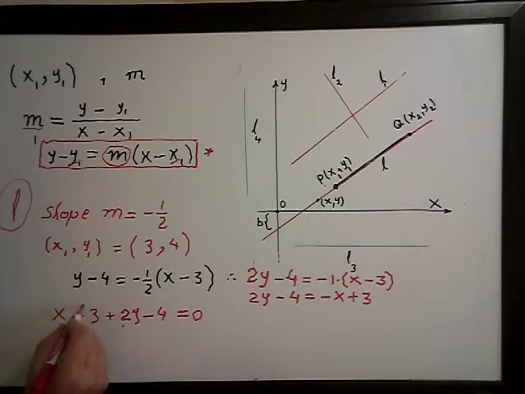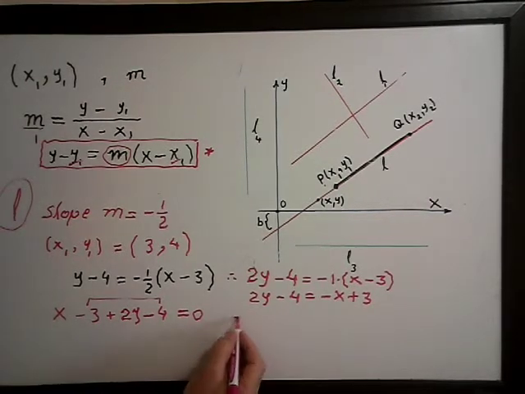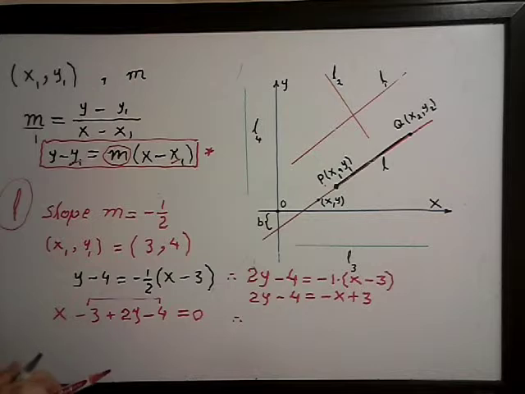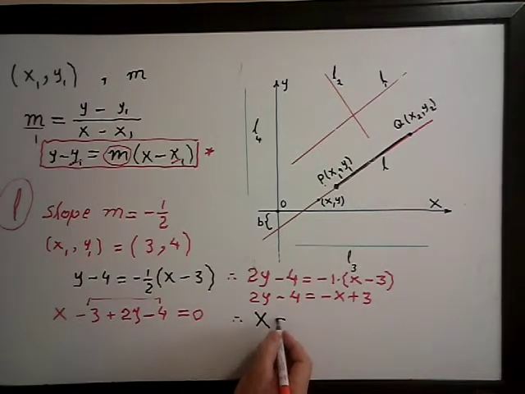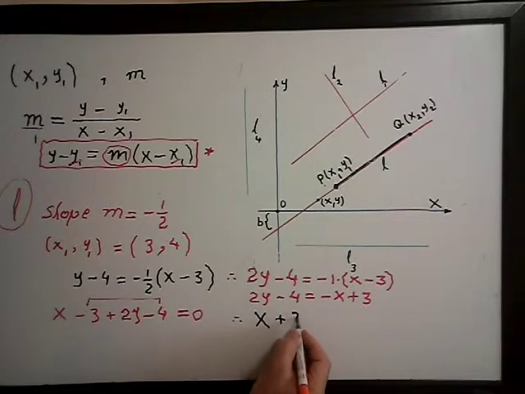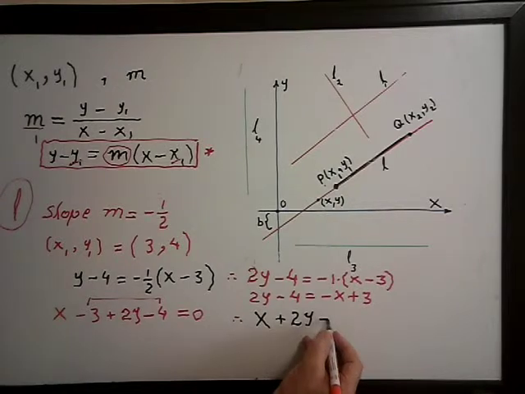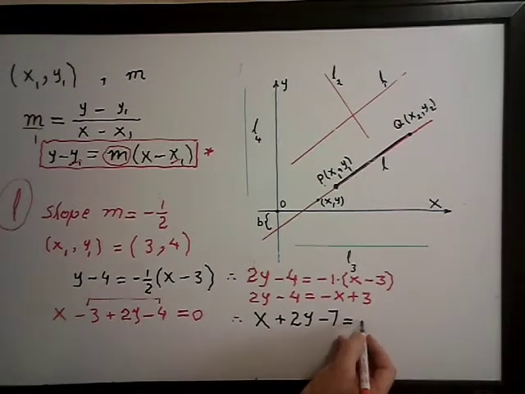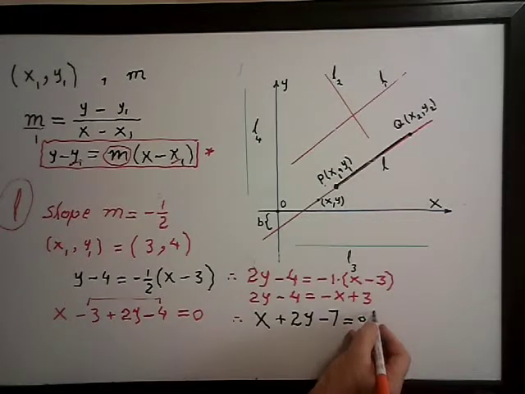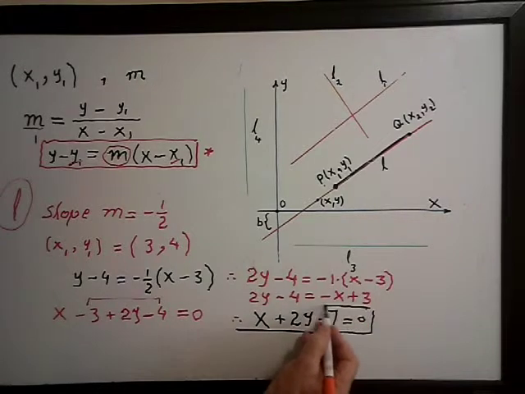So negative 3 and negative 4 will be negative 7. Then x plus 2y minus 7 is equal to 0. This is the general form of the equation of the line.